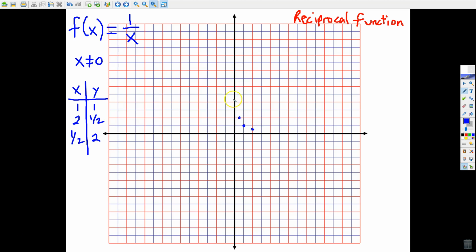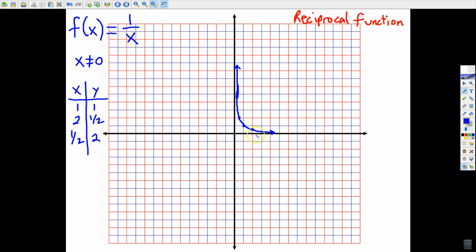Now, if you remember from Algebra 1, this is going to be a curve that forever approaches both the x and the y-axis, but never touches. We call the x and the y-axis in this case asymptotes: the x-axis would be a horizontal asymptote, the y-axis a vertical asymptote.